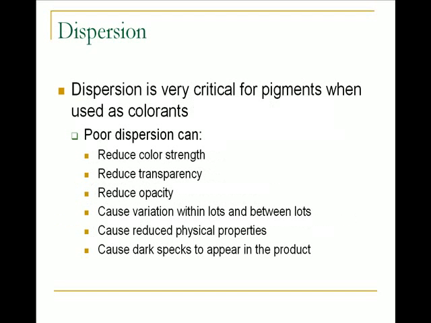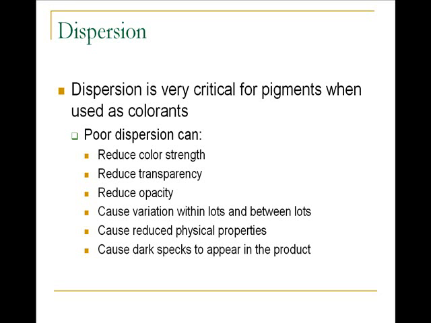So when we deal with pigments, dispersion is very critical. Pigments have to be optimally dispersed throughout the plastic. If we don't have good dispersion, we can cause problems like reduced color strength. The colorant is not as strong as it could be.